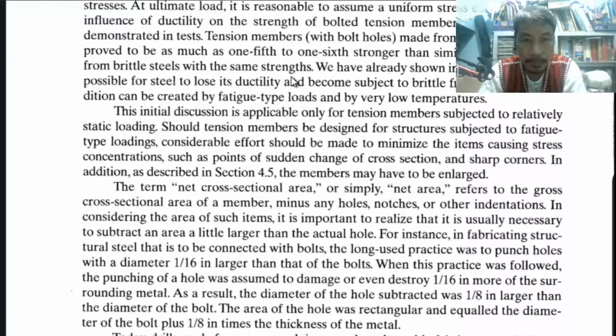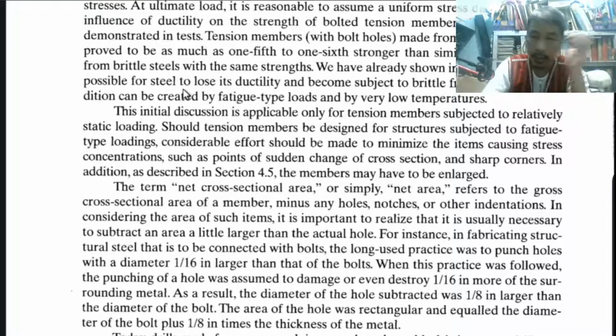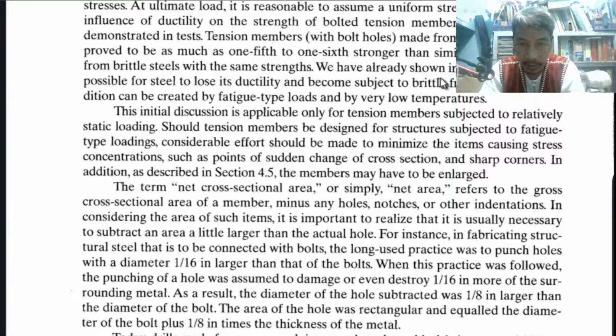We already tackled some concept on ductility and brittleness. Brittle is the property much like that of glass.